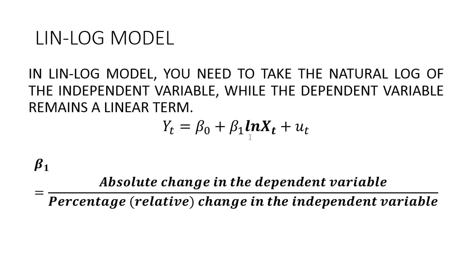Then, increase in x by 1% will result in a 5 unit increase in y. And vice versa, by decreasing x by 1%, you will decrease y by 5 units. Again, if we assume that beta 1 is equal to 5.